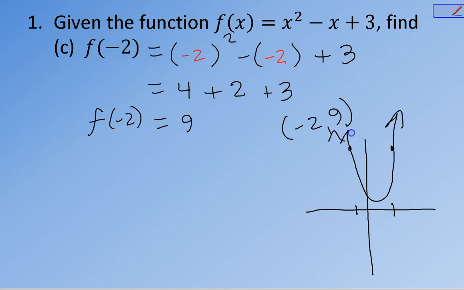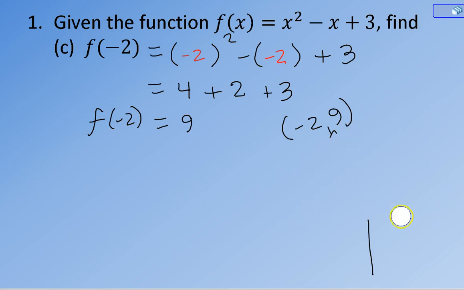Okay, so we know it does something like that, which is pretty interesting, and we're connecting it to its function on the coordinate plane. Okay, moving on.